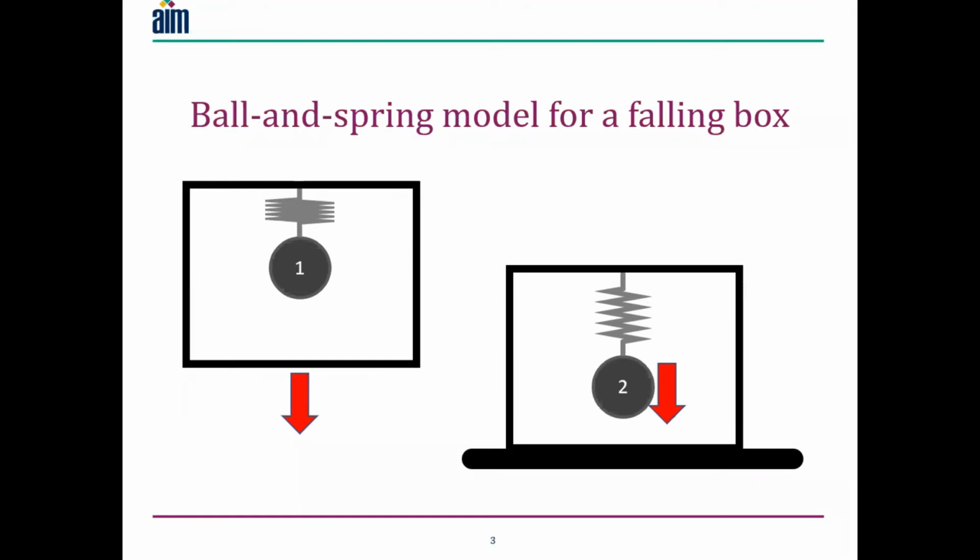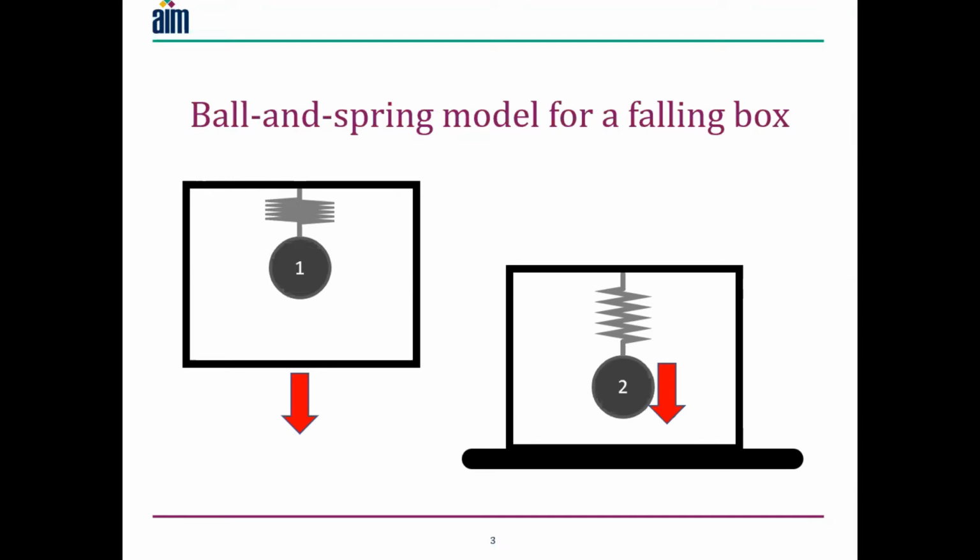And our journey is going to start in figure 2 or part 2 there. That is when the box actually hits the ground. In this case, you can think of the fixing point of the spring, the top part of the spring where it's held to the box, at that point being fixed in space, being tied to something, in this case, the frame of the box.